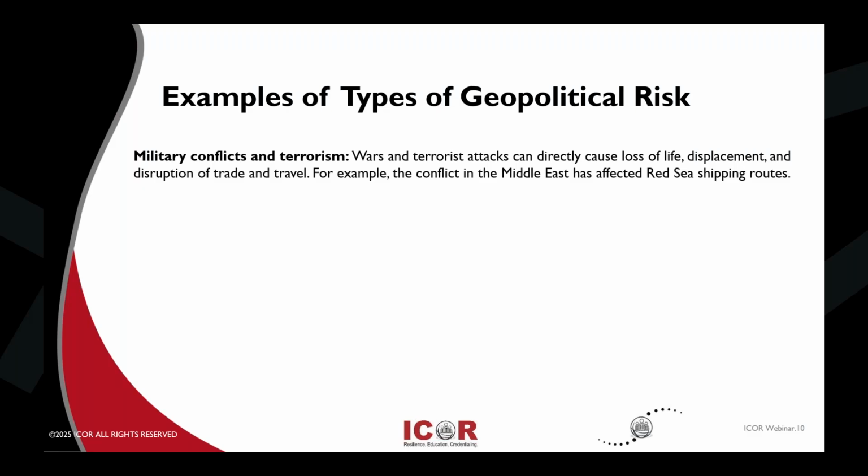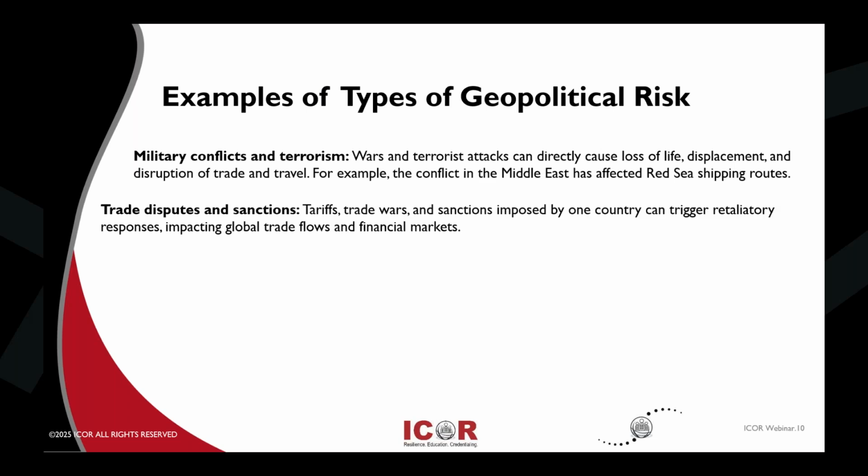So, some examples of types of geopolitical risks. Things like military conflicts and terrorism. When you have wars and terrorist attacks, they can obviously cause loss of life, displacement, and disruption of trade and travel. Specifically, what we're seeing is that the conflict in the Middle East has affected the Red Sea shipping routes, for example.